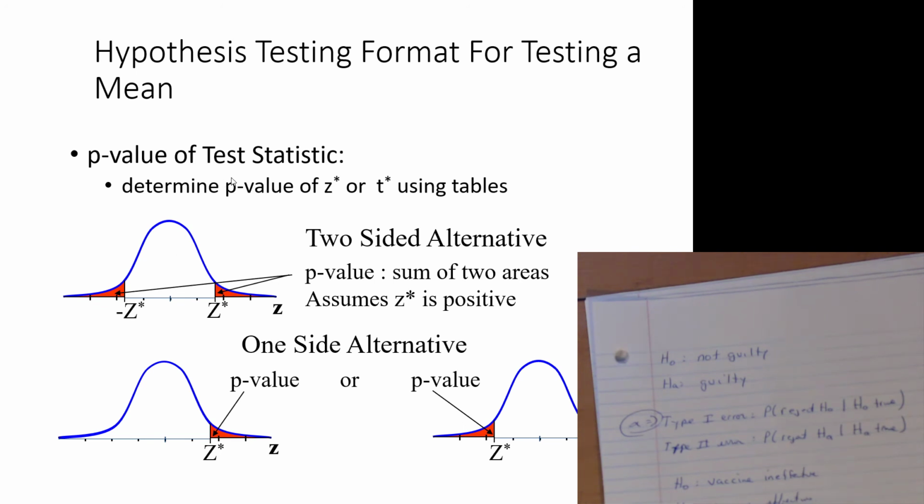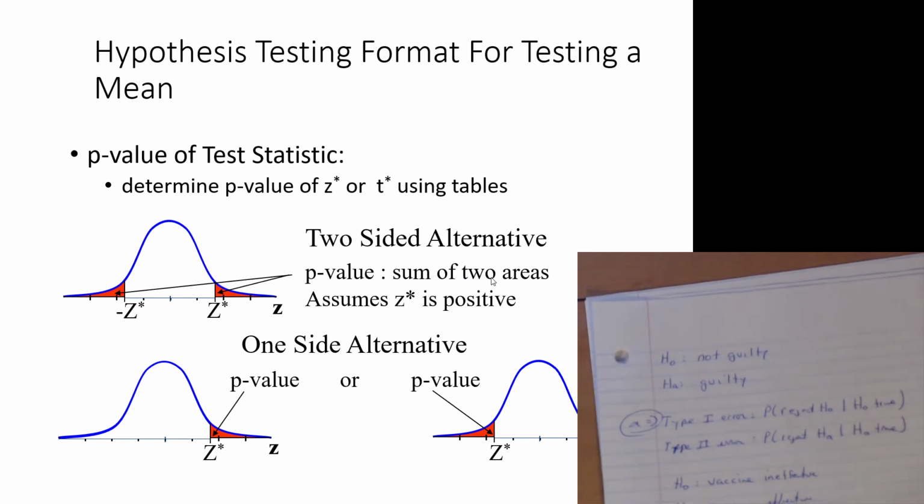And we have a couple of ways that we look at those p-values depending on the HA. We saw three flavors of HA. We saw HA is maybe not equal to some value. That means the value could be greater or less than, right tail or left tail, and so the p-value is the summation of those two areas.